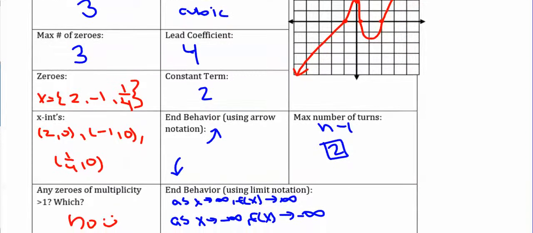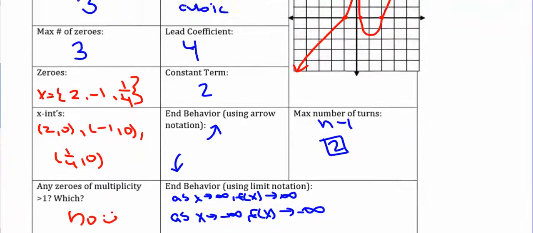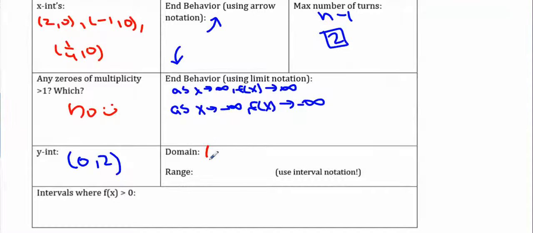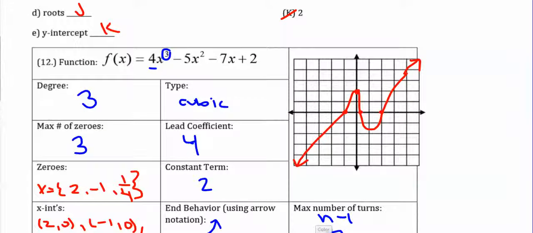So my last few questions are the domain and the range. Well, actually, we could have filled this out beforehand. It's going to be negative infinity to positive infinity, as with the range, and any other cubic function. So intervals in which f of x is greater than 0. All that's saying is, where is y greater than 0? Let's go back up to my function. I'm going to highlight where it's greater than 0. It's greater than 0 right here, and it's greater than 0 here.